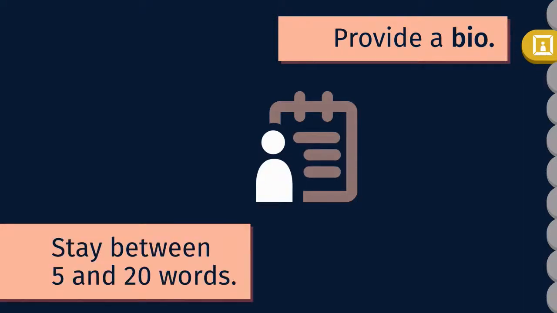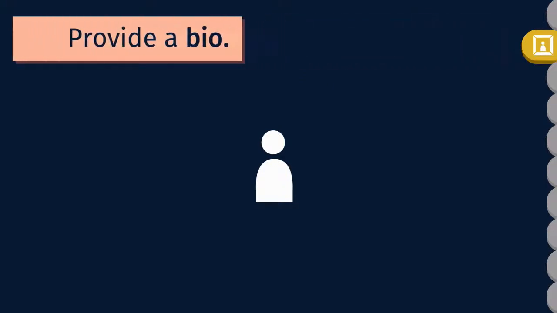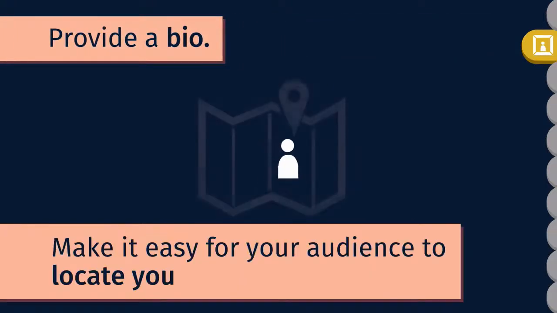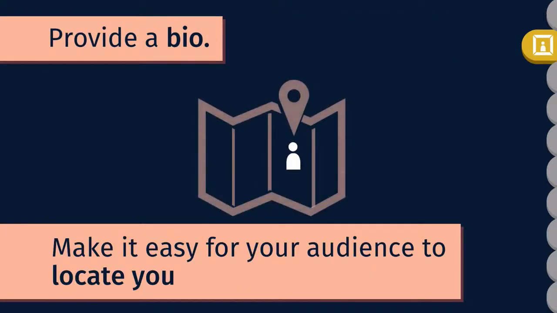But why don't you stay between 5 and 20 words and simply help them put you on a map, help them locate you, help them define you with 2 or 3 words by understanding in what field you're an expert and what it is that you are all about.